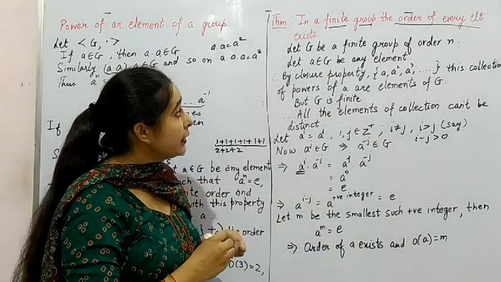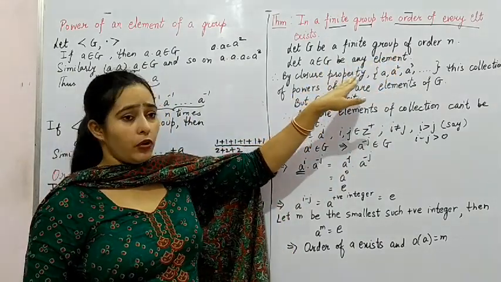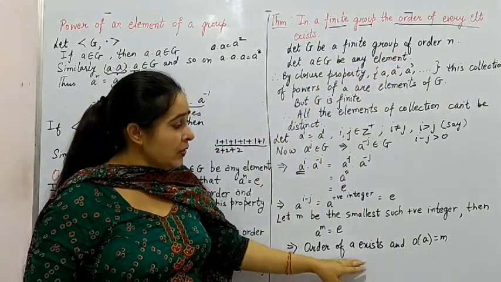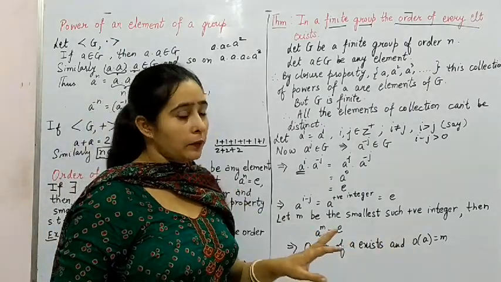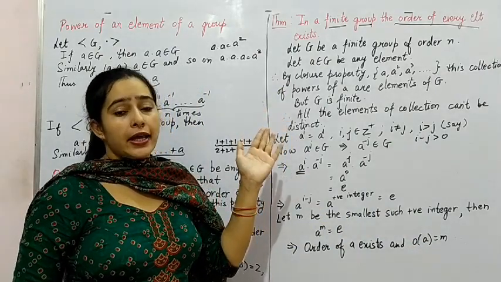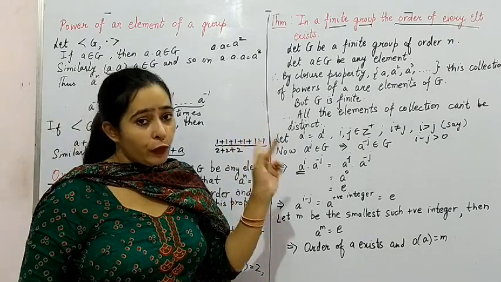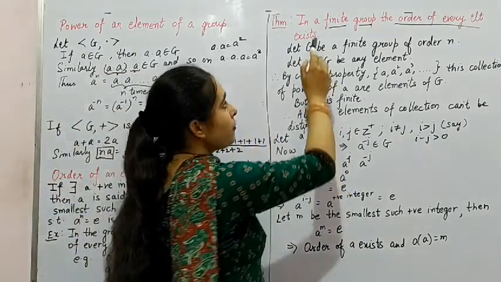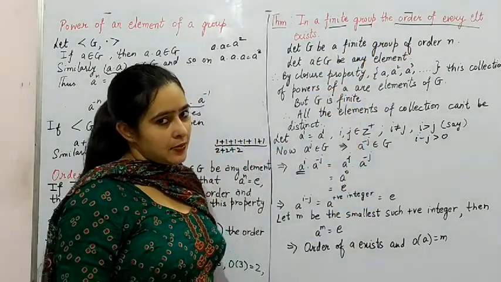Here we have taken a, an arbitrary element of the group, and we have arrived at the point where the order of a exists and the order of a is equal to m. So if we take any other element of the group, then its order will also exist. That means what we have proved? We have proved that in a finite group, the order of every element exists. Thank you.